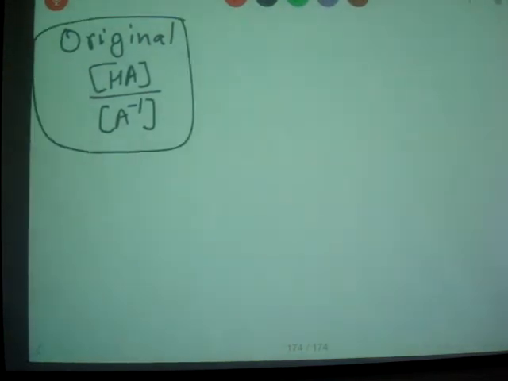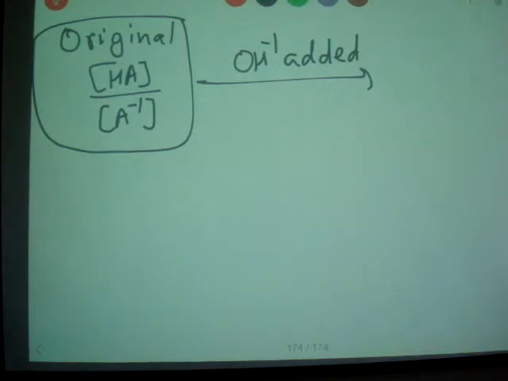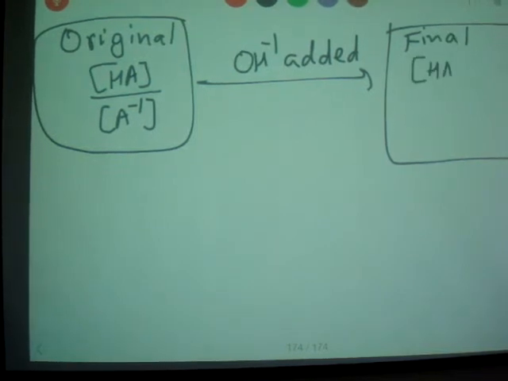And when you add OH minus, then you have final HA and A minus, which is close to the original.